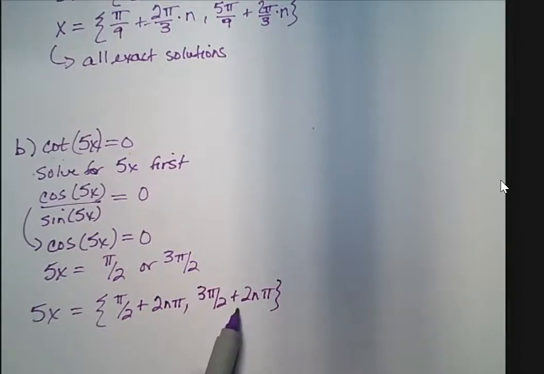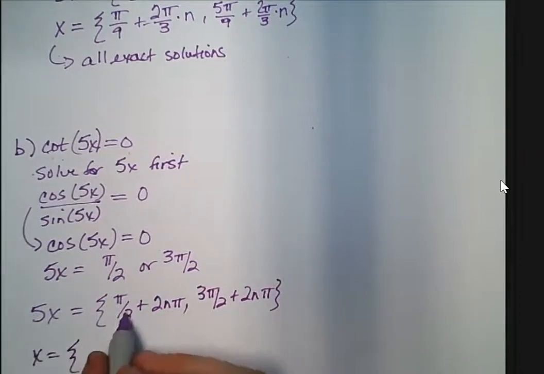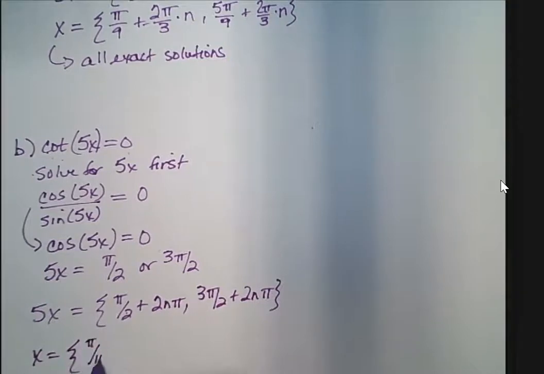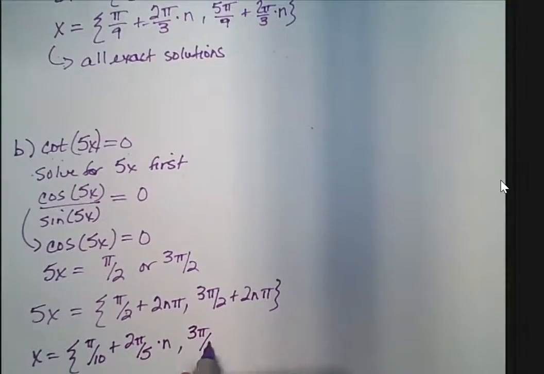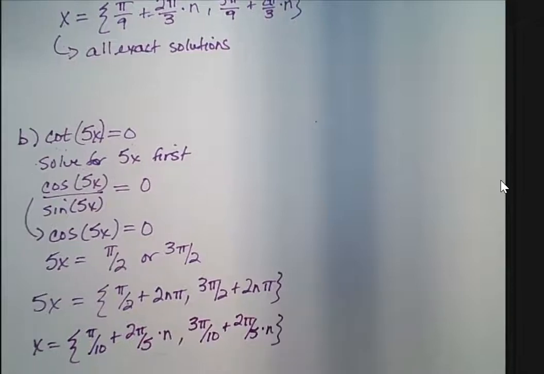Now that we've got the solutions for 5x, now we're going to divide everything by 5. That would make this a pi over 10. And then we'd have plus 2 pi over 5 times n. For this one, we would have 3 pi over 10 plus 2 pi over 5 times n. Those are all of our exact solutions.